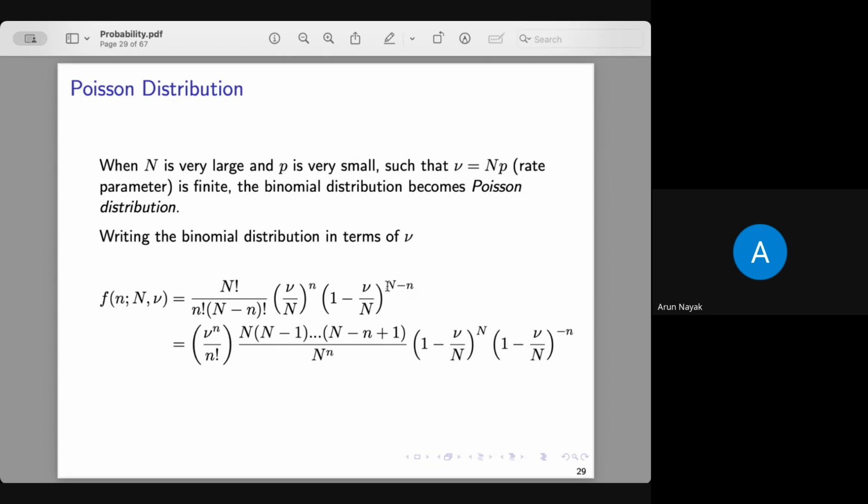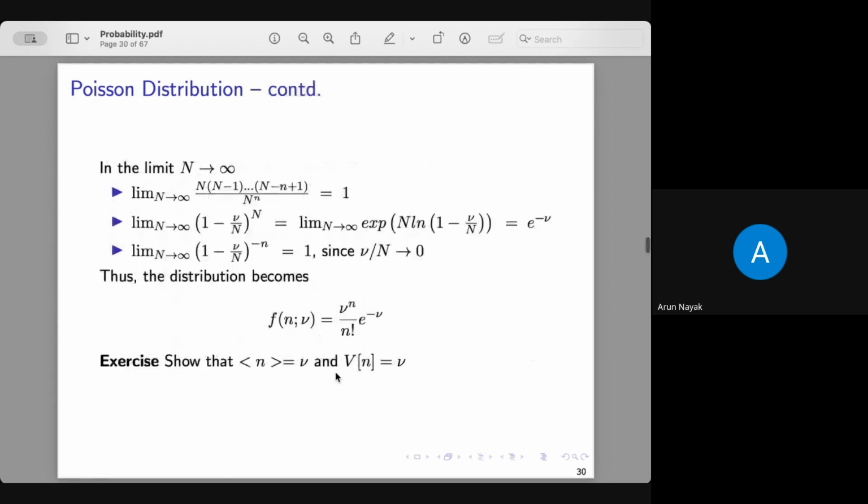Then we can take the limit N tends to infinity. In this limit, this coefficient term will become 1, because you have the same number of terms in the numerator and denominator, and when N tends to infinity they tend to 1.